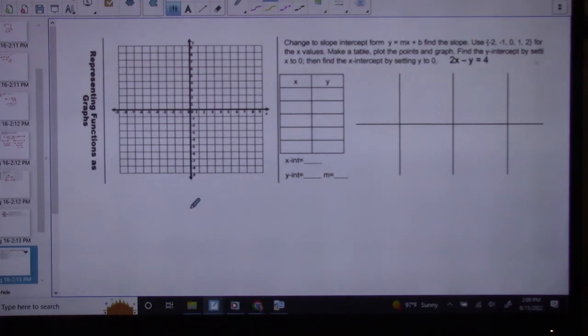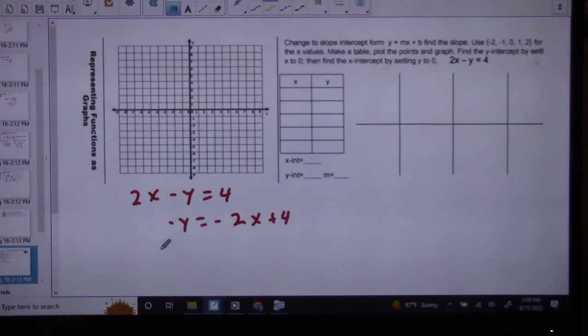Now, as far as how to find this, I'm gonna do this quick. We have 2x minus y equals 4. And then if we subtract 2x, we get negative y equals negative 2x plus 4. And then what do we do next on this?